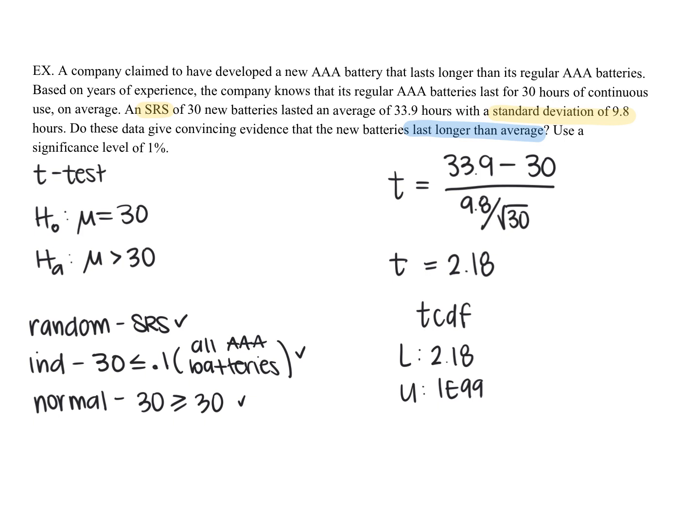And then my degrees of freedom is 29 because my sample size is 30. And we are going to get a probability of 0.0188.